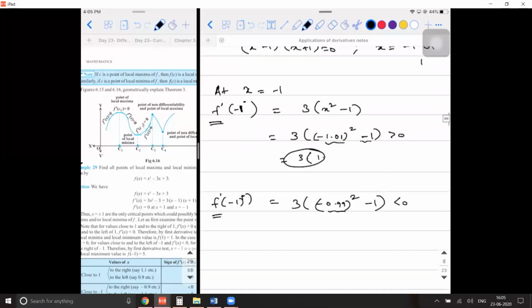It is a maximum. So x = −1 will be the point of local maximum. Similarly, can you people try for plus 1?